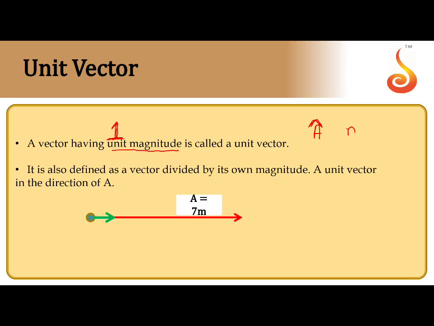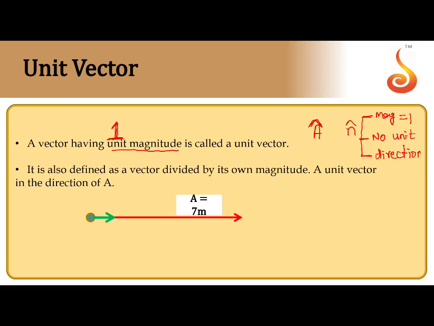Sometimes you also use n cap. It is also a unit vector. The speciality of this unit vector is its magnitude is equal to 1. The numerical value for this is 1. It does not represent any physical quantity, so it does not have any unit, but it has a particular direction.